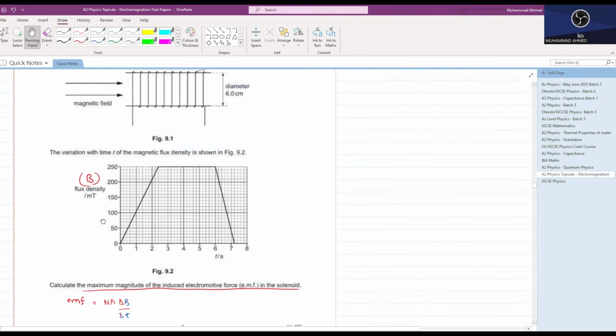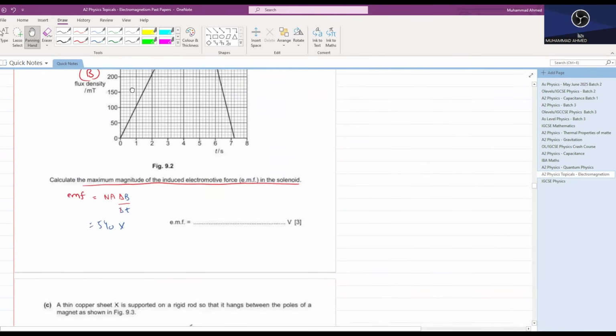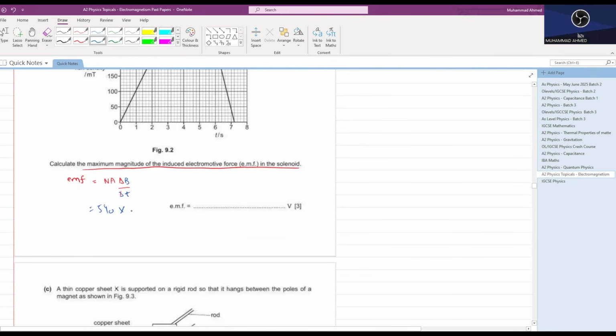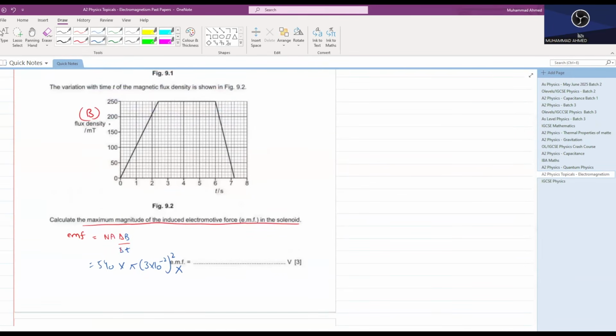What is your area? The radius is 3 centimeter. We can calculate that this will be pi times (3 into 10 to the power minus 2) whole squared, into change in B over change in t. We have to calculate the maximum magnitude. Again, these are very similar questions. So we will put in the maximum value of change in B over change in t.